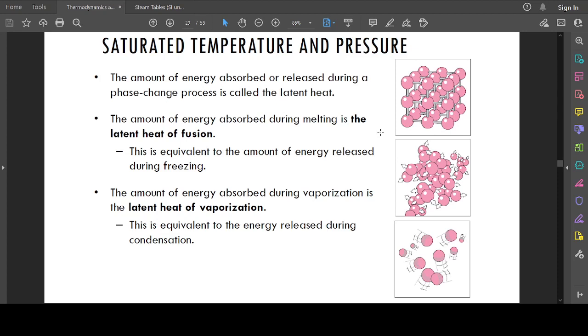The heat removed from the system when we condense the gas to liquid and freeze the liquid to solid is referred to as the latent heat of fusion. This is the heat removed from the system. But the heat added to the system in order to melt the solid to liquid and to vaporize the liquid to gas is referred to as the heat of vaporization. The equivalent of that, the reverse form, is known as condensation.